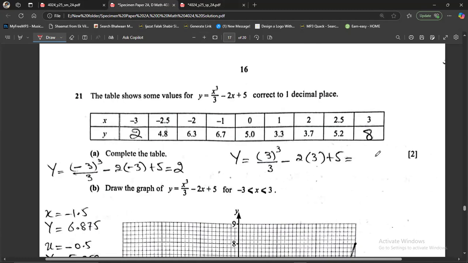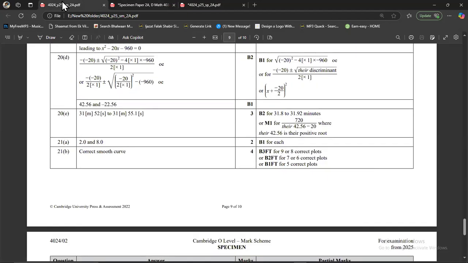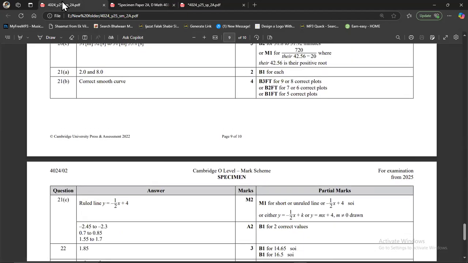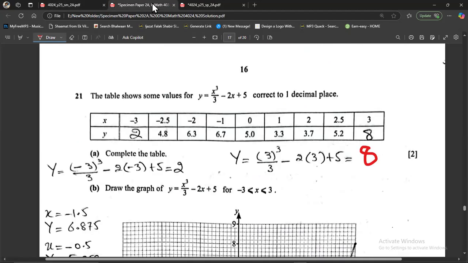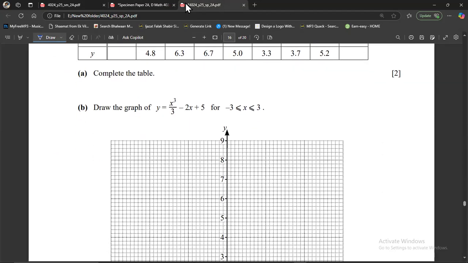So you will get 8. So in your table, write 8 here. So this is how this is done. This is question number 21, so our answers are right. Then the question, question number 21 B part, says, draw this.